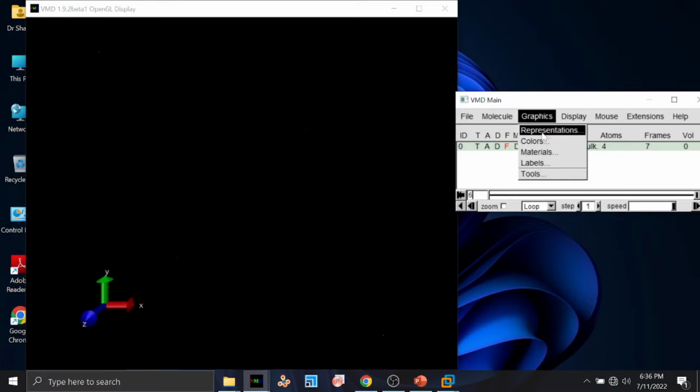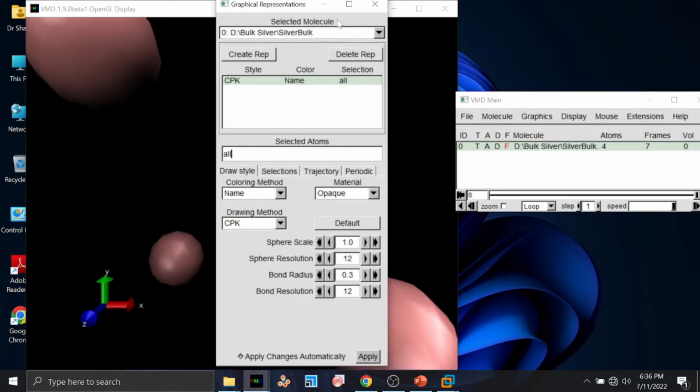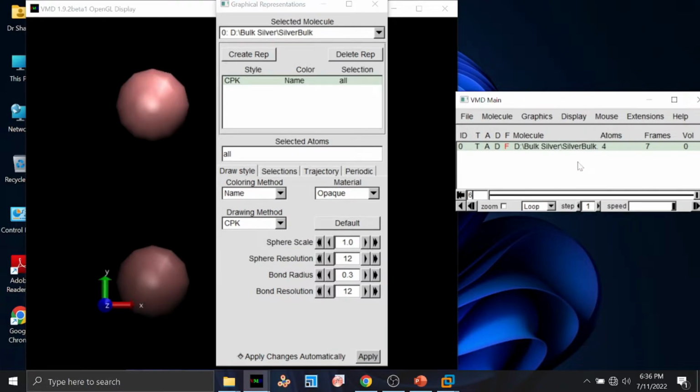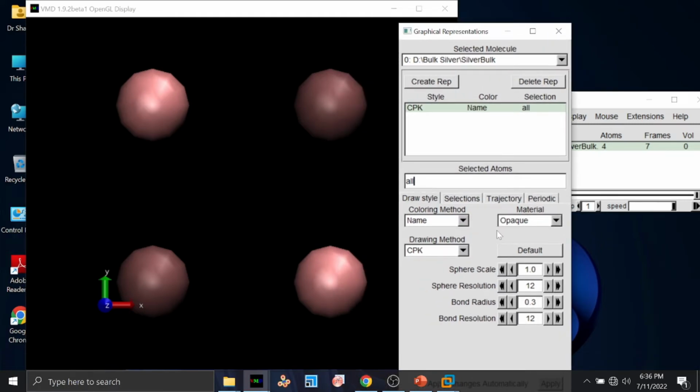So let me show you this CPK. In the display I will click orthographic so that the structure becomes clear. Here you can see that these balls are not really spherical, so I will increase the sphere resolution.